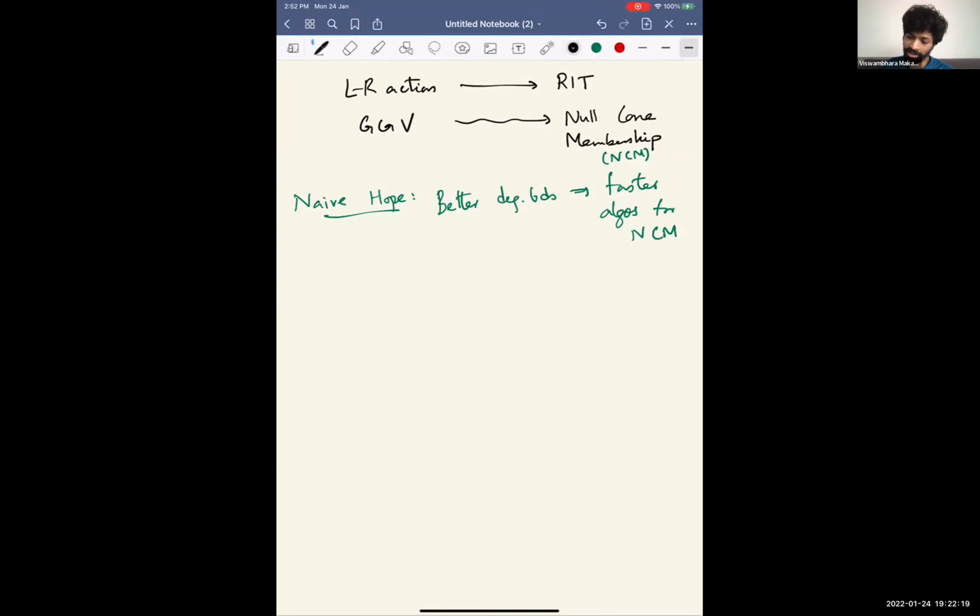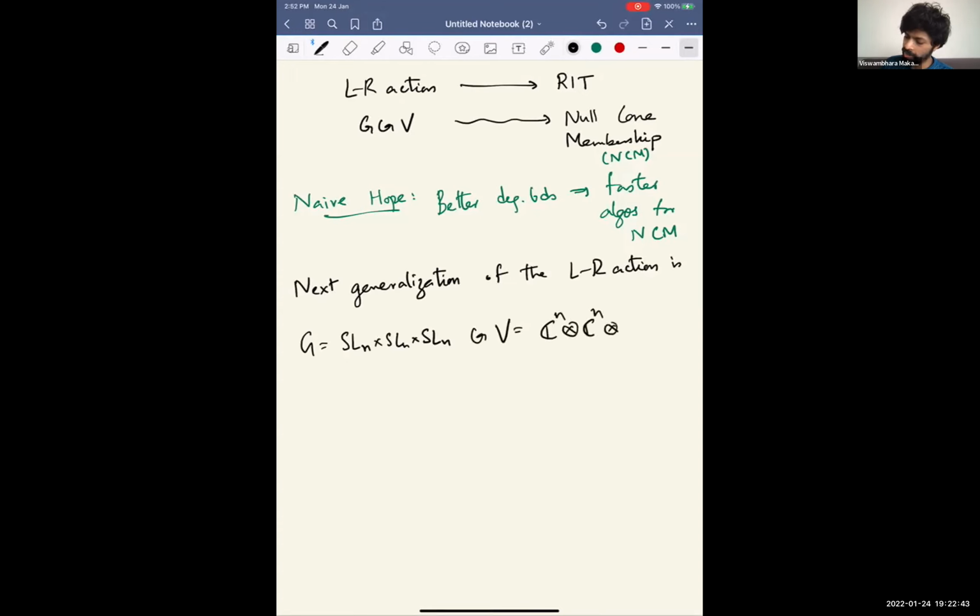So the next generalization of the left-right action is where you have the group to be SLn cross SLn cross SLn, and the vector space is Cn tensor Cn tensor Cn taken m times.